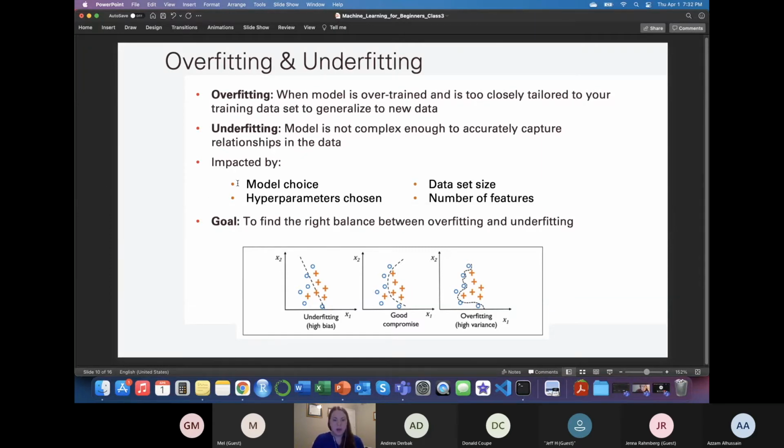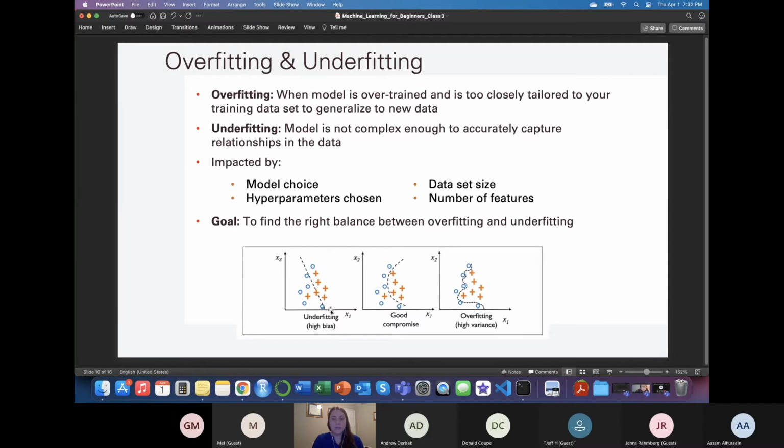So we've already talked about what these are impacted by. The goal with hyperparameter tuning is to find the right balance between overfitting and underfitting. Down here is a great example of what overfitting looks like, what underfitting looks like, and what the happy medium might be. With overfitting, you can see that it has really memorized the training data. There's a very close squiggly line that takes the plus signs and the zeros. So it's probably overfitting if it looks something like this.